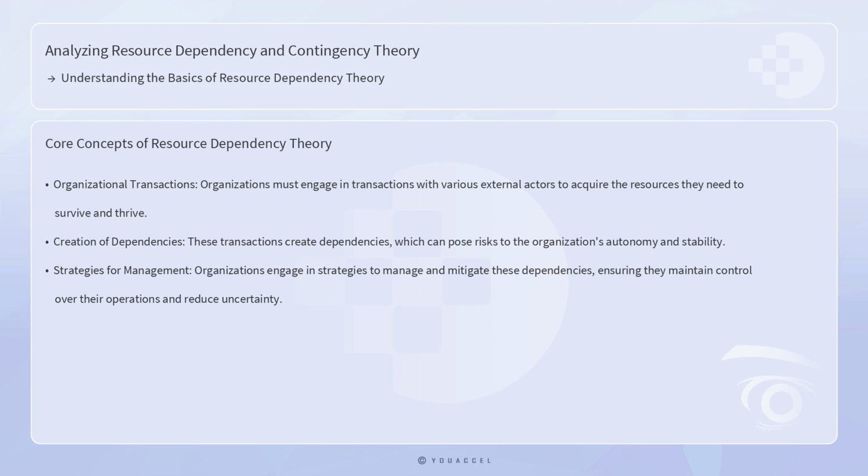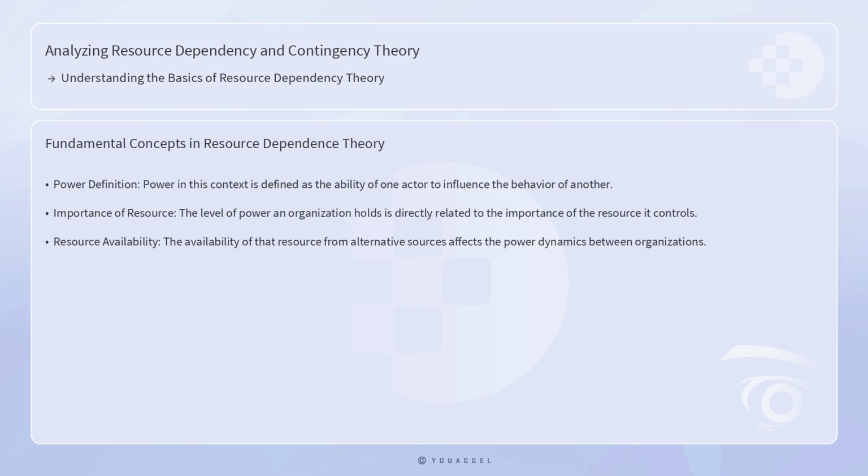uncertainty. One of the fundamental concepts in RDT is the notion of power. Power in this context is defined as the ability of one actor to influence the behavior of another. The level of power an organization holds is directly related to the importance of the resource it controls and the availability of that resource from alternative sources.